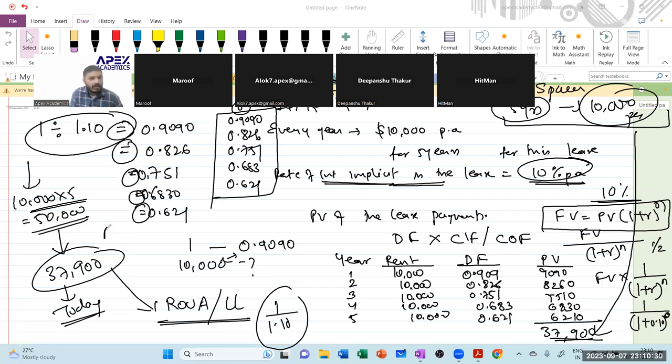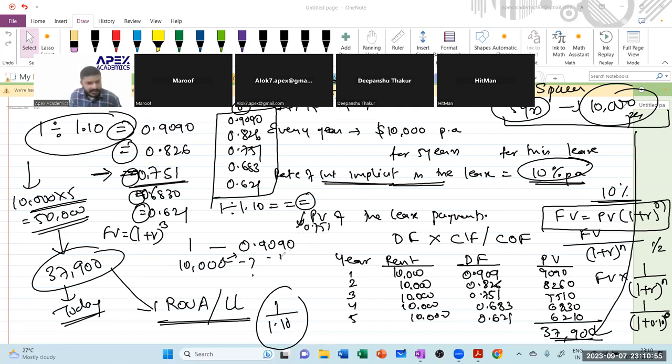So if I want to calculate the value after 3 years, it's going to be raised to 3. So you have to press equal to 3 times. You will get 0.751. Do it on your simple calculator: 1 divided by 1.10, press equal to 3 times, and you will get 0.751. Or else you can do it on Excel.